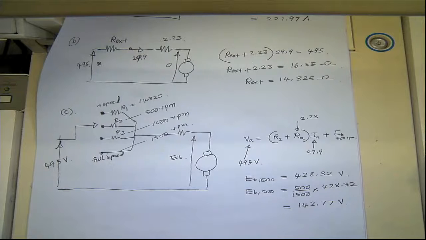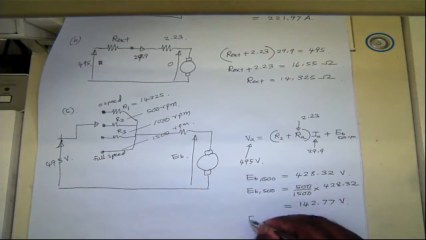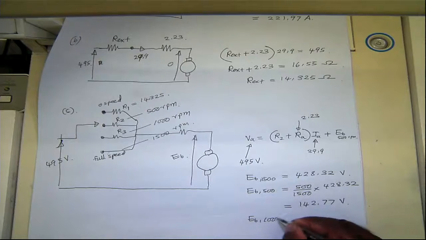And then at 1000 RPM, the back EMF will be 2/3 of this.